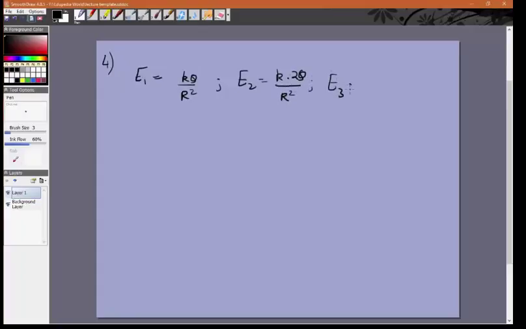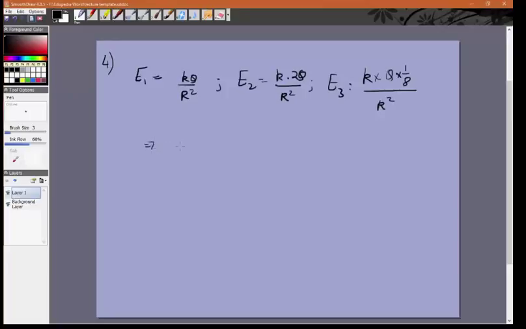And for E3, we will only take the portion of the sphere that is enclosed within the sphere of radius r. We will not take the whole of that. So k into q into, because now we won't take all of q, so the total radius is 2r, but we will only take r. And volume is proportional to r cube, so we are only taking 1/8 of the total charge. And this divided by r squared.